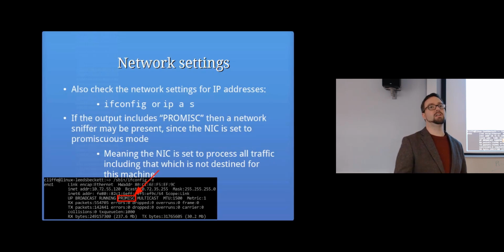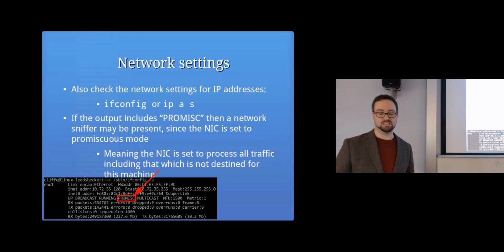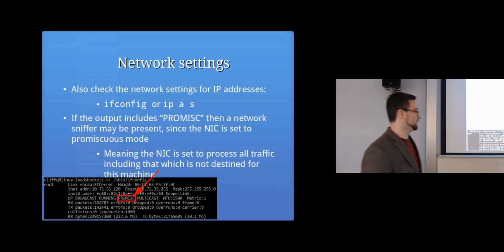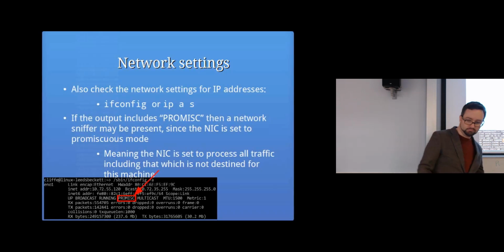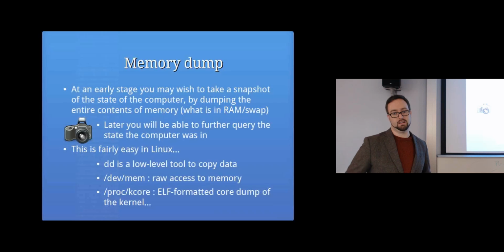If you check these details and promiscuous mode is turned on, that gives you an indication there could be something weird going on that you want to know about. So just look for whether that's listed as one of the features of how your network card is currently set up.